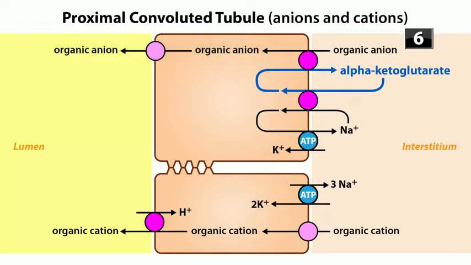There's a net excretion of cationic electrolytes because you're pushing out 3 sodiums for every 2 potassiums that come in. So the net excretion of cations sets up an electrochemical gradient, which allows organic cations to move into the cell down the gradient. And then those cations are secreted into the lumen by exchanging them for hydrogen, for bringing hydrogen into the cell. So that's how cations and anions are actively secreted in the proximal tubule.